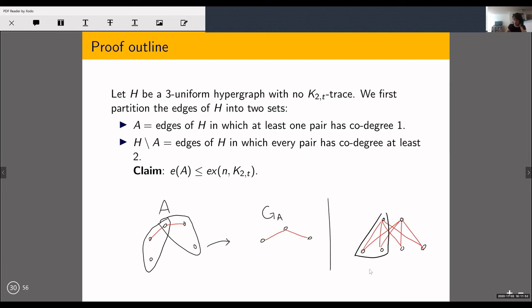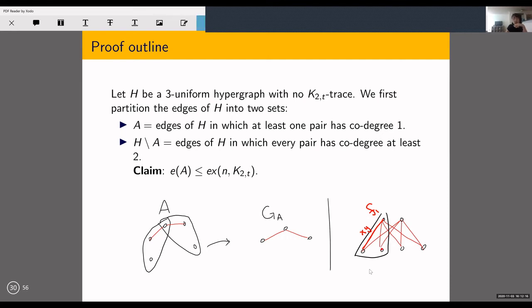Right, so if we had some copy of K2T here, let's look at a pair of vertices, X, Y, this edge here. And let's call the hyperedge that it gets mapped to just F1 for now. So is it possible that F1 contains another vertex in this set here?